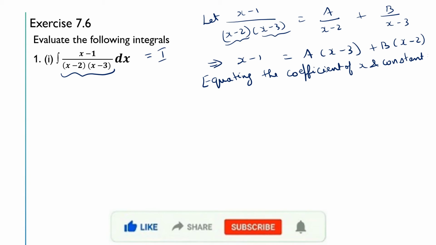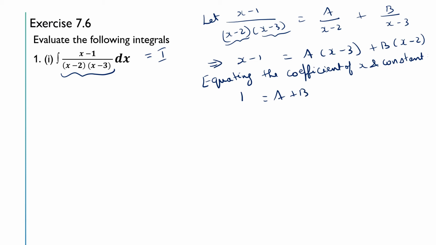So we get 1 is equal to a plus b, and equating the constant term, the constant term in the left hand side is minus 1. In the right hand side it is minus 3a minus 2b. Now we have to solve these two equations. If we solve these two equations, we will be able to get the values of a and b.